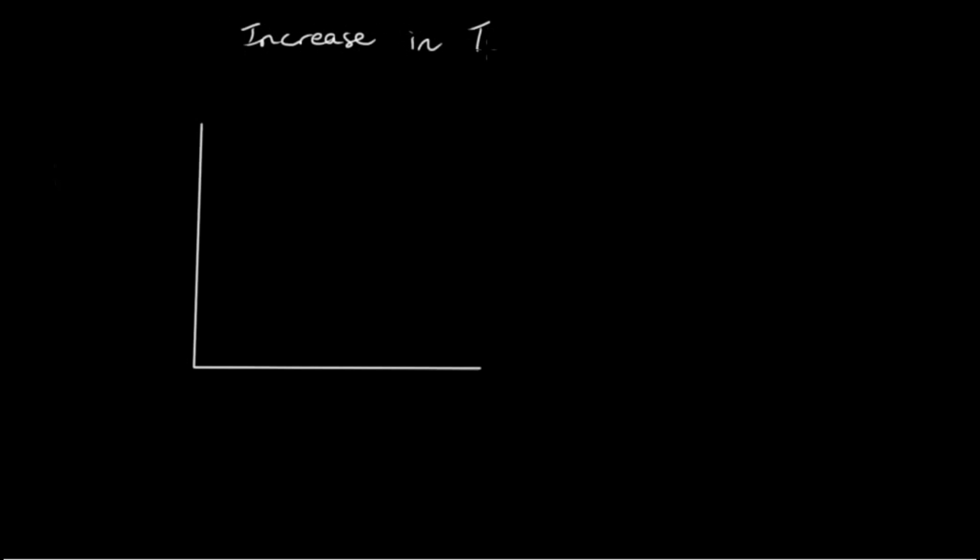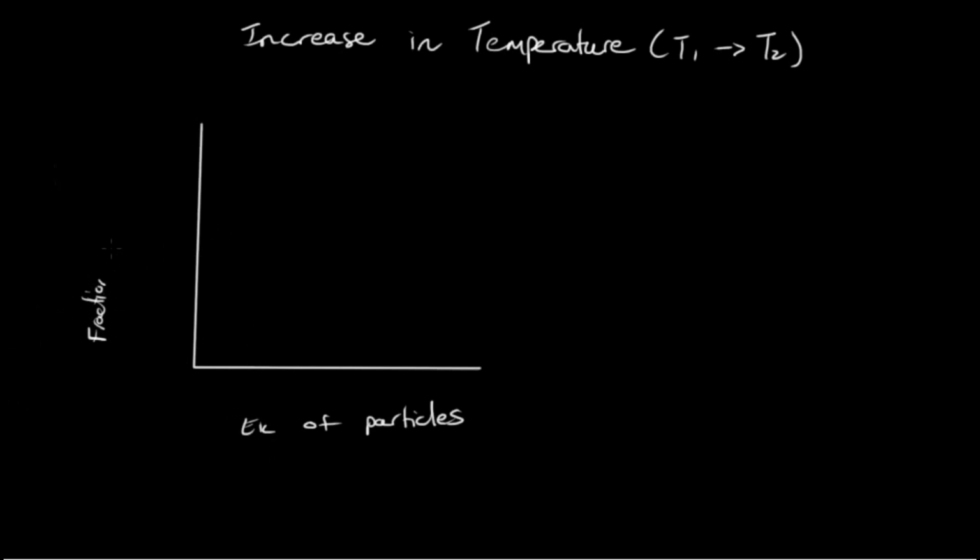Increase in T, so for example, from T1 to T2. Again, we have the EK, or kinetic energy of particles or of molecules, and here we have the number of particles or fraction of particles with given EK, whichever one you would like to use. I'm going to use fraction for this one.